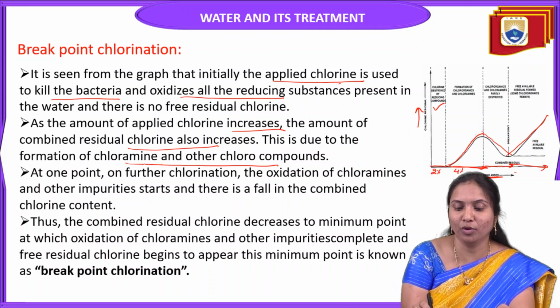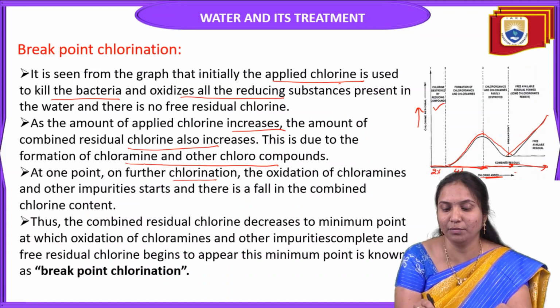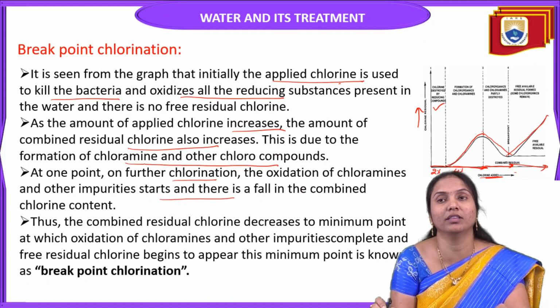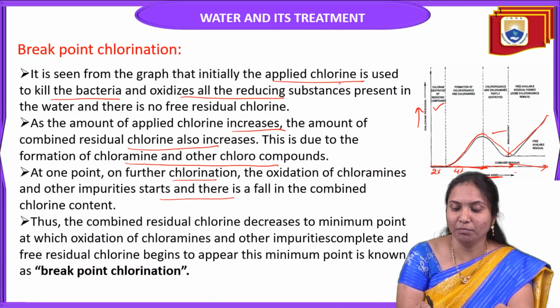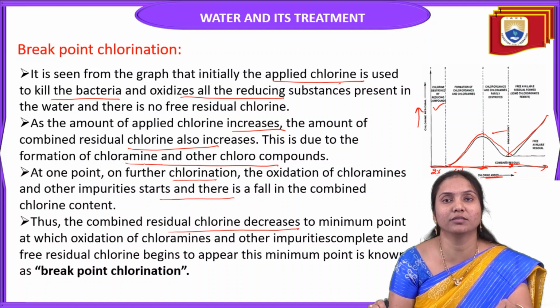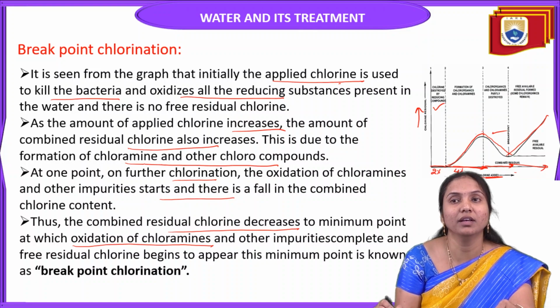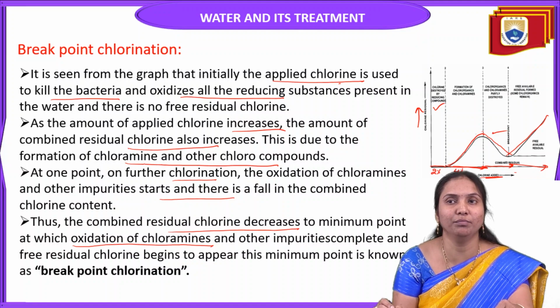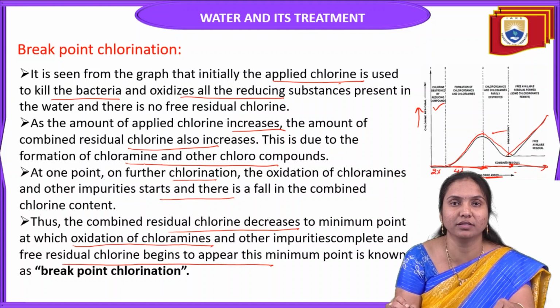At one point in further chlorination, the oxidation of chloramines and other impurities starts and there is a fall in the combined chlorine content here. Next, the combined residual chlorine decreases to a minimum point at which oxidation of chloramines and other impurities is complete and free residual chlorine begins to appear.